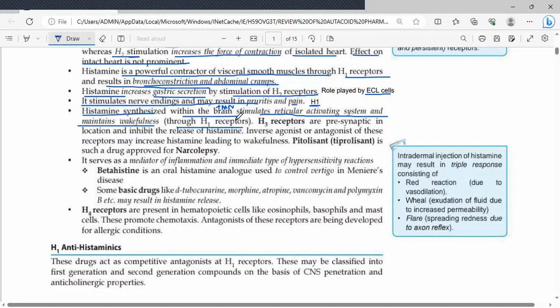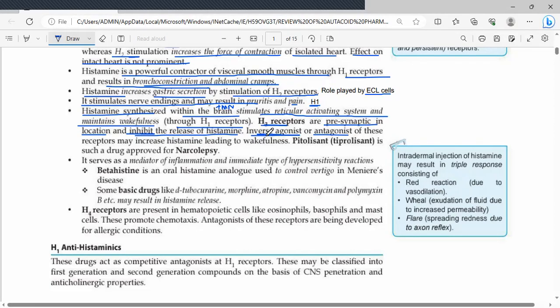sleep. Okay. Now, H3, we said they are the presynaptic autoreceptors and heteroreceptors in location. H3 receptors inhibit release of histamine. So inverse agonist refers to a substance which, when bound to a receptor, induces an action which is opposite to that of an agonist, whereas an antagonist has affinity but no potency.